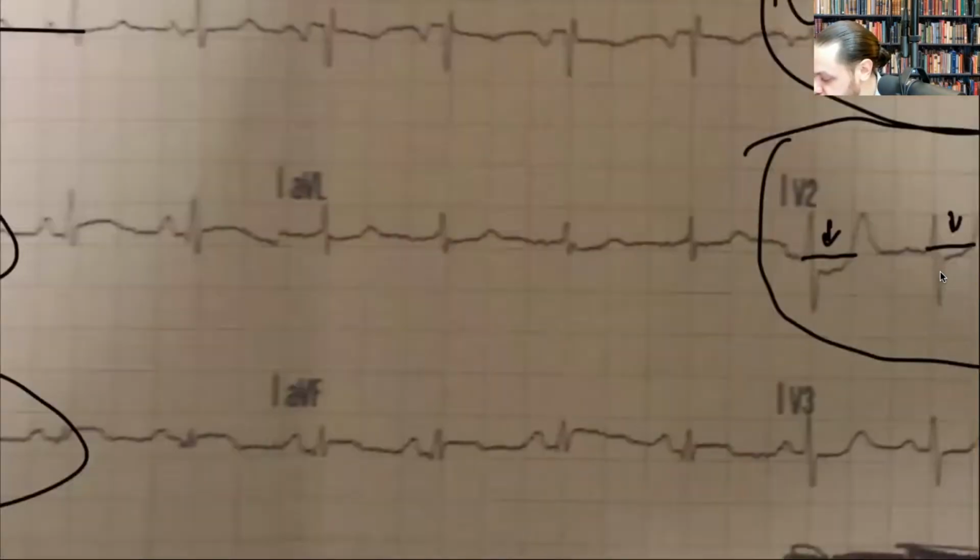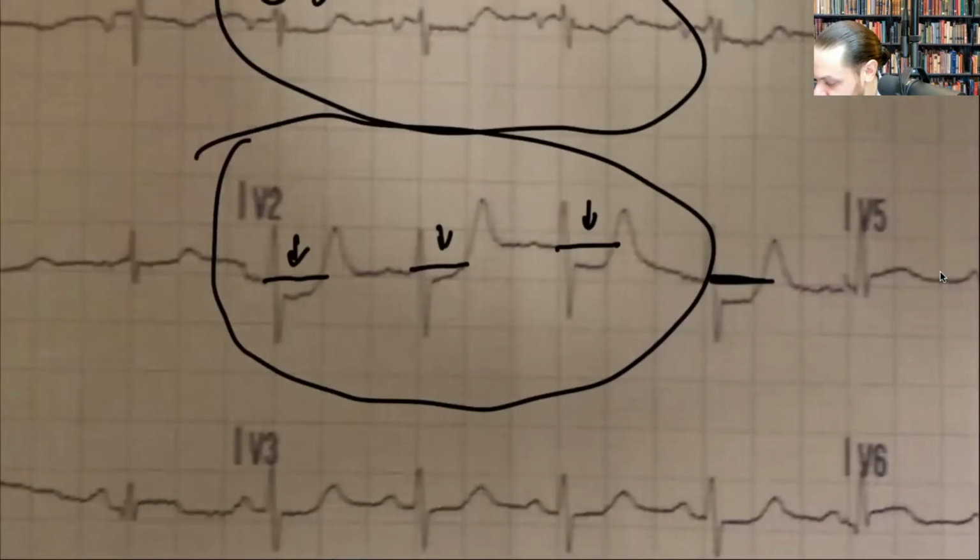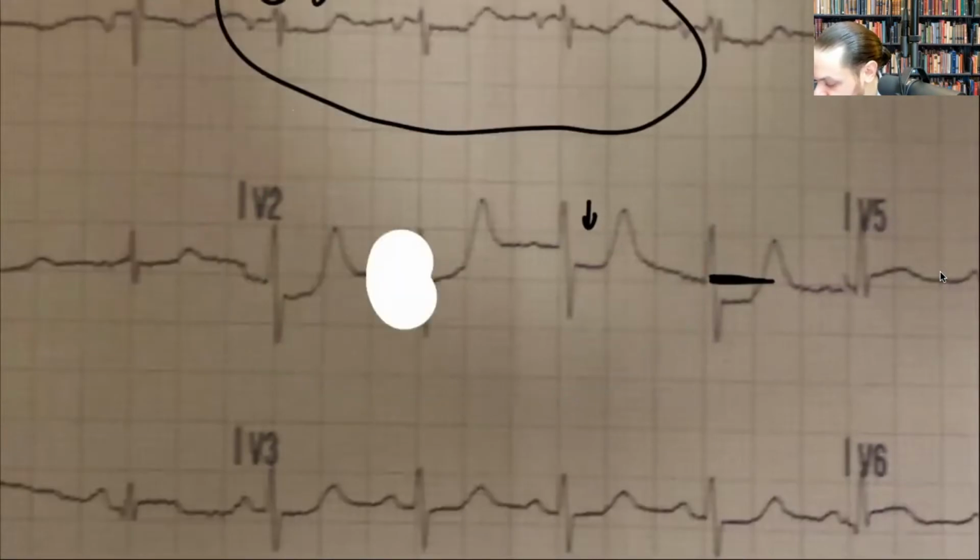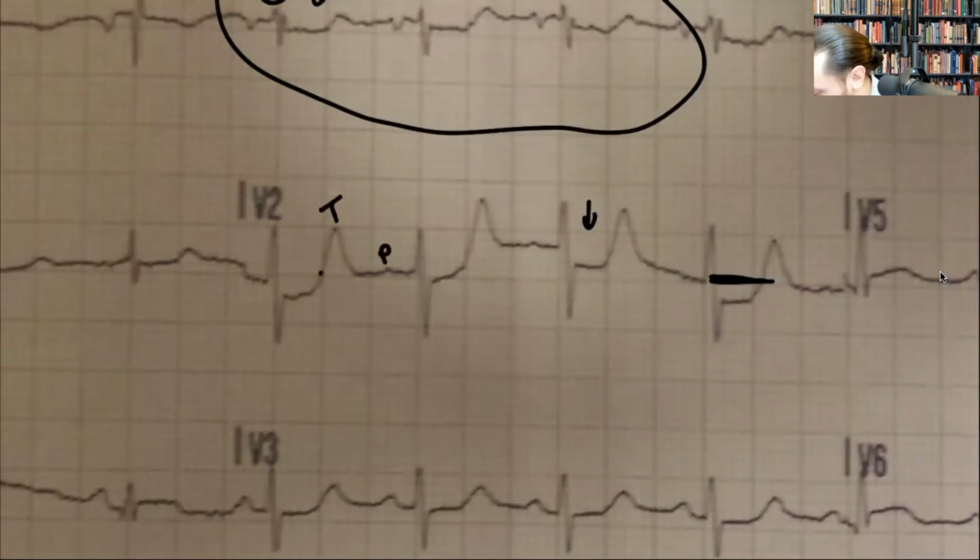So if I go here, right? You would agree this is your T wave, this is your P wave, right? So T to P segment, right? I will do it like this, right? And here, this is my T wave, this is my P wave.